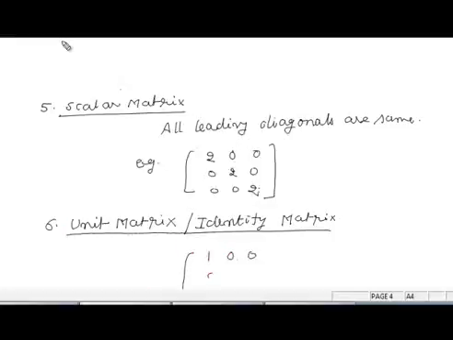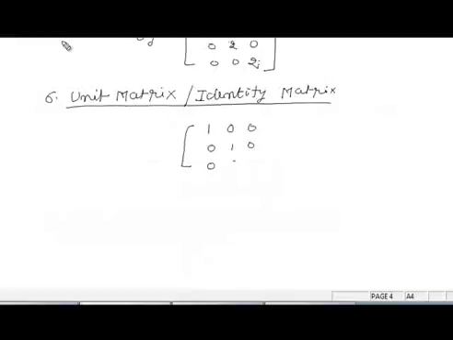In this, all the diagonal terms are 1 and it is represented by I. One thing to note here is, if we multiply any number with 1, it doesn't change. Similar to that, if we multiply any matrix by I, then the matrix is going to remain the same.